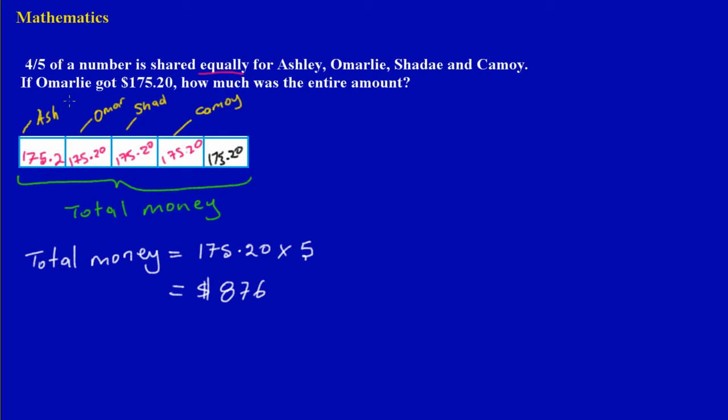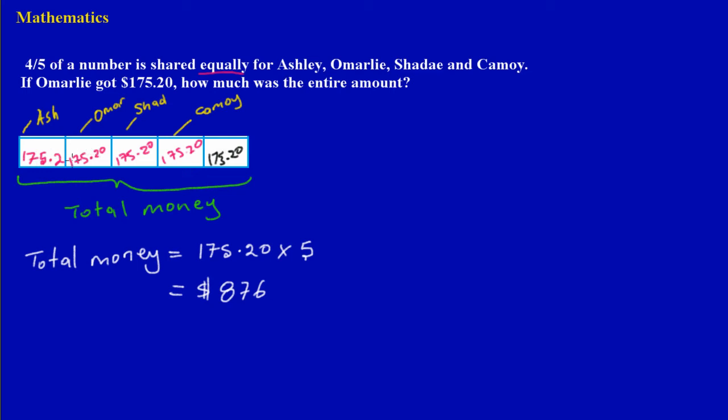I drew my diagram, and if you notice, my denominator had 5 in it, so the total parts should be 5. And out of those 5 parts, 4 persons received the same amount. If all the parts are the same, then the amount that holds in one part should hold in the other parts.